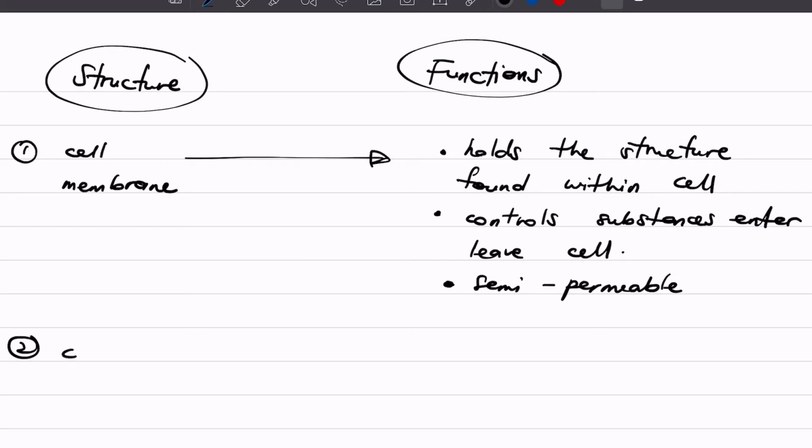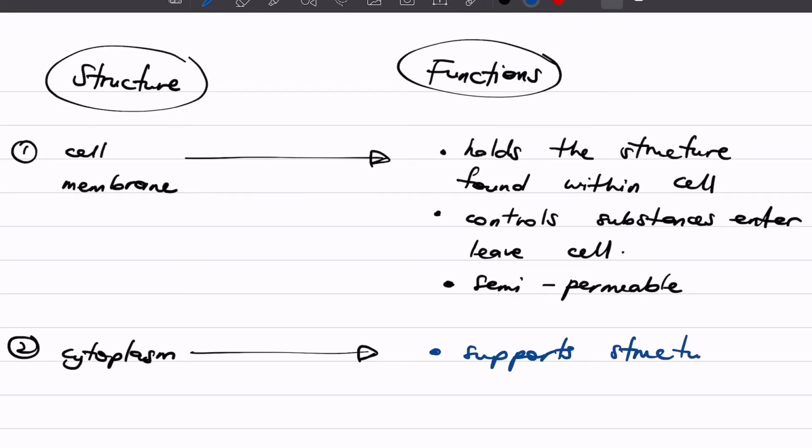Second, cytoplasm. It supports the structures that are found within the cell.